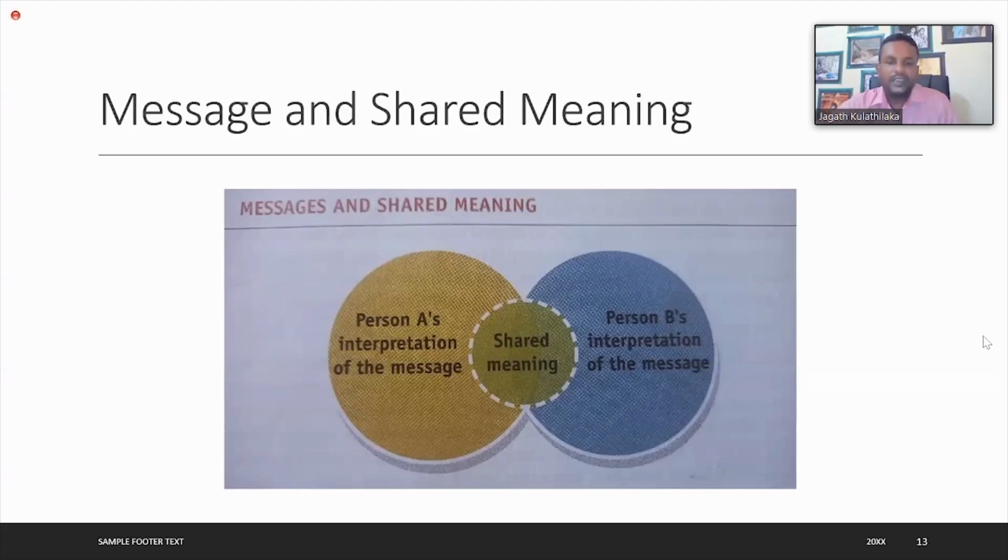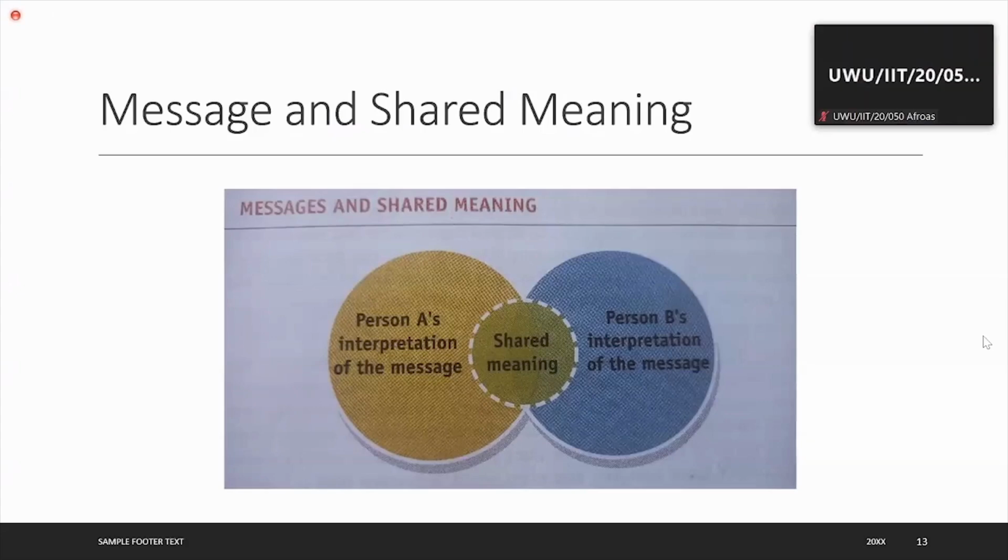If we take you and me right now, conversing using this Zoom platform, if I am A and you are B, then I am trying to interpret my message today. So we are meeting online. I'm using the English language here. I'm trying to interpret my message here. I am doing a lesson.